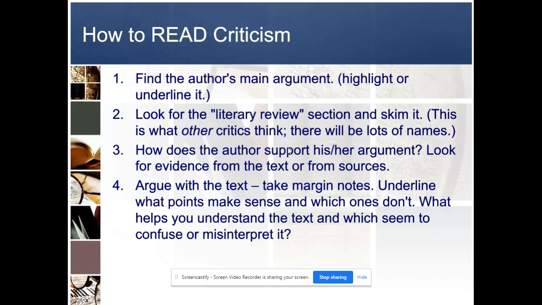Sometimes they will begin by saying, this subject has been covered by these 3 critics, and they have been misguided in this way. So they'll say, these people were looking at the wrong thing. These people did not have a full grasp of what was going on in this work. And so they'll introduce critics in order to shut them down or point out their flaws and argue against them.